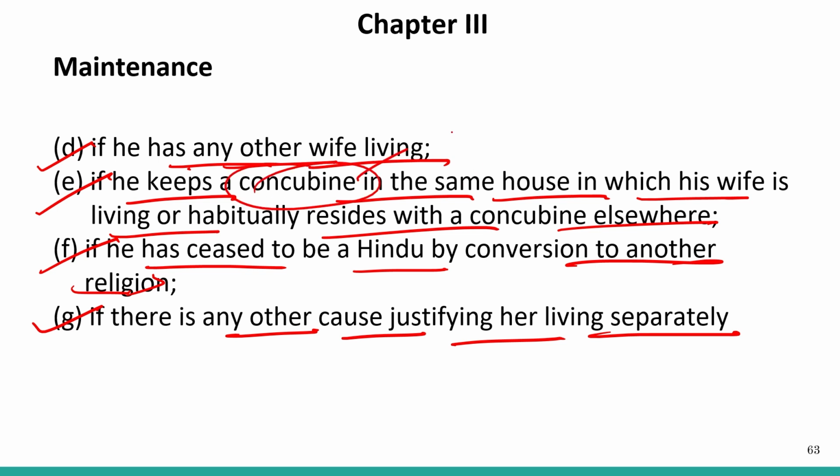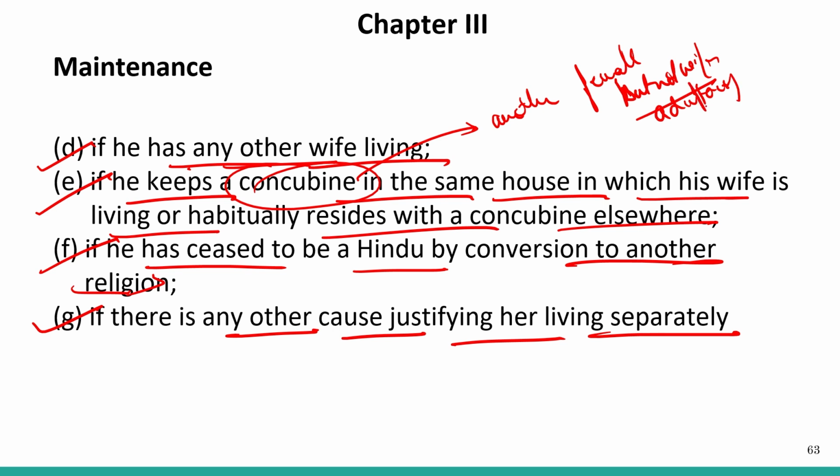The concubine is another female, but not a wife. Okay, this is a sort of adultery here. But adultery is obviously from the male side. But if you talk about a concubine, it is perhaps the same. If he has ceased to be a Hindu by conversion to another religion, or if there is any other justifiable cause to live separately.